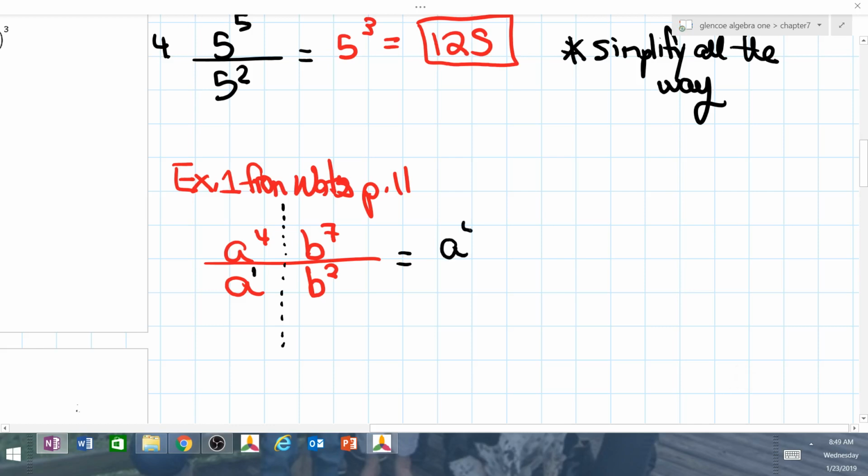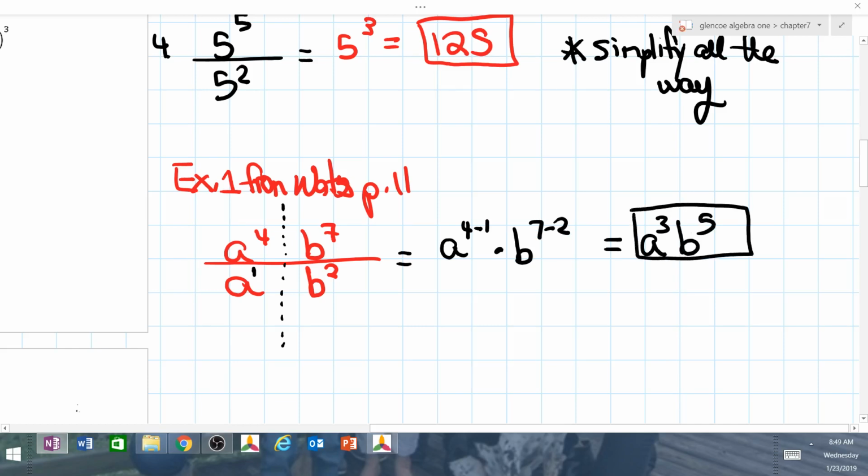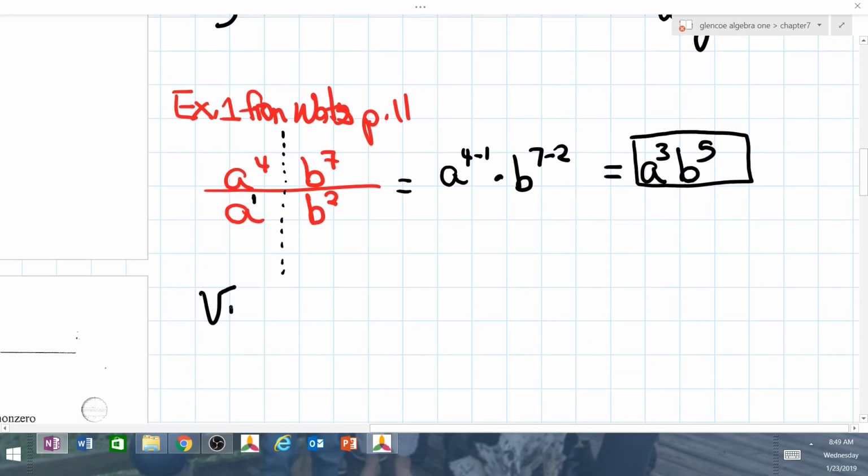So I go a to the 4 minus 1 times b to the 7 minus 2, which would give me what? 4 minus 1 is 3, and 7 minus 2 is 5, which gives me a cubed b to the 5th as my answer. Now let me show that to you visually. A visual representation of the same problem is sometimes extremely helpful.